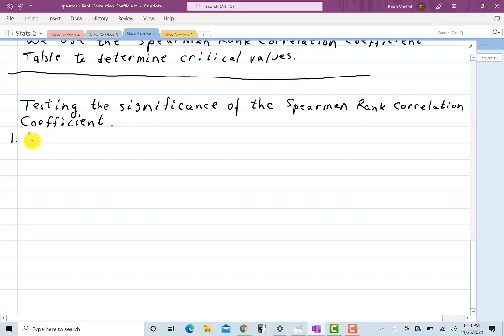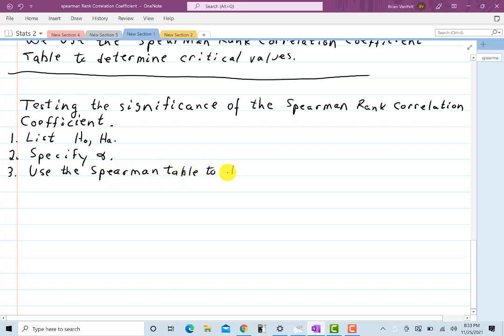So first off is list h sub naught and h sub a. Specify alpha. Use the Spearman table to determine the critical value.